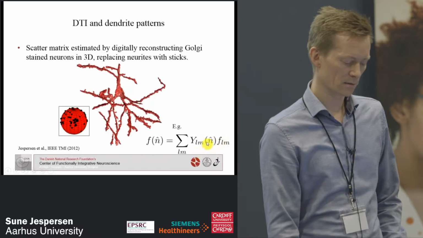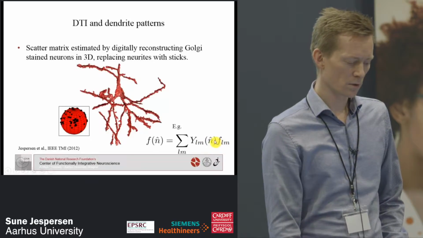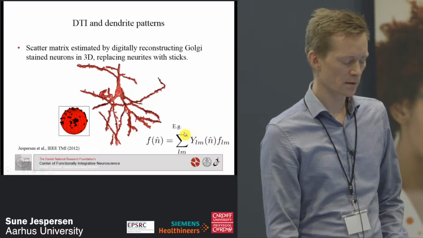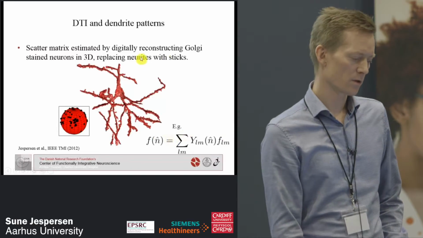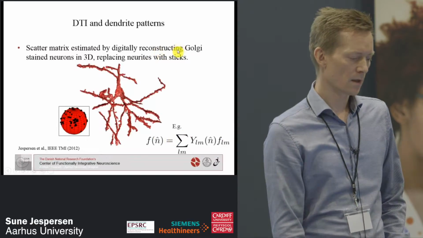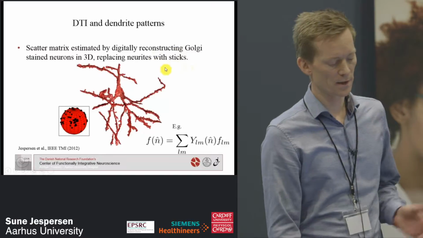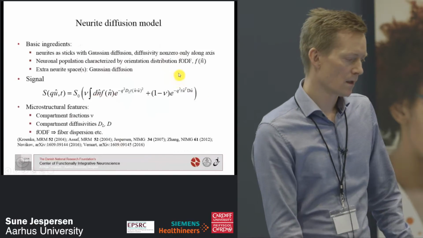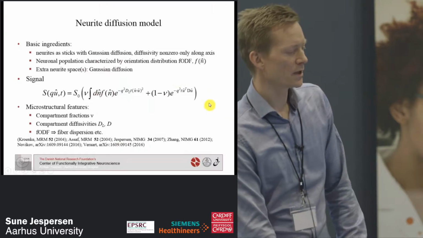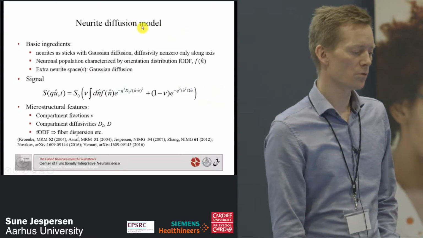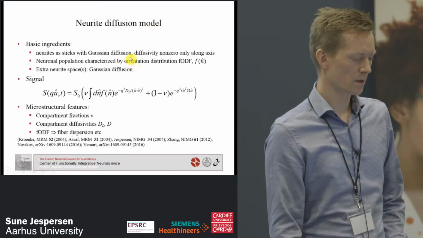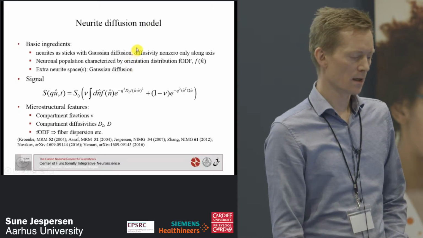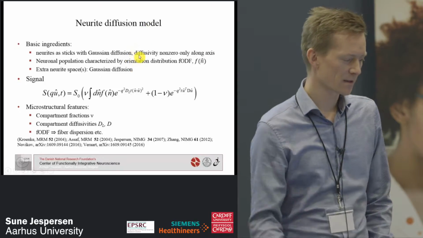That's kind of an obvious thing to do. You can also use parameterized distributions such as the Watson distribution and other more general distributions. They each have their advantages and disadvantages. So to recap, the Neurite diffusion model has two compartments, one which is internal to neurites, and the other one is everything else.